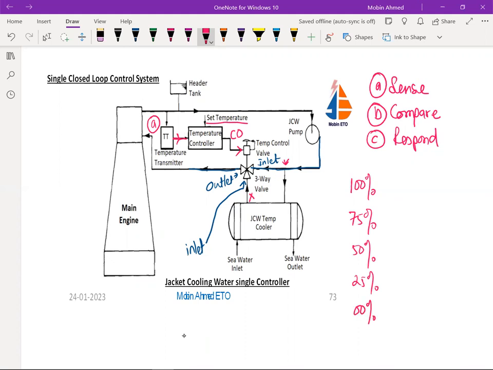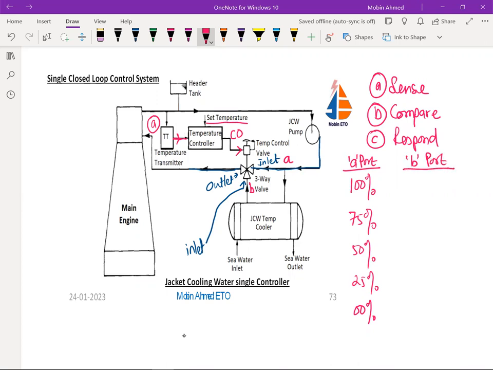Okay, so this inlet we will give the name here. This is the circulating water, so we will give the A port, and this is the cooling water. We are going to give the B port. Okay, so there is the A port, and there is going to be the B port.